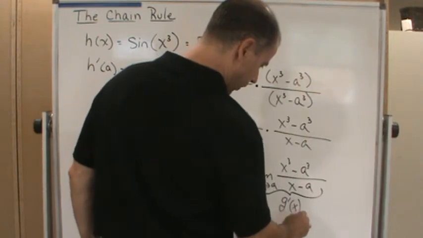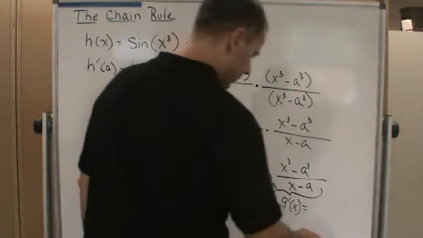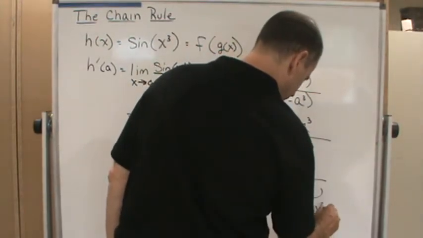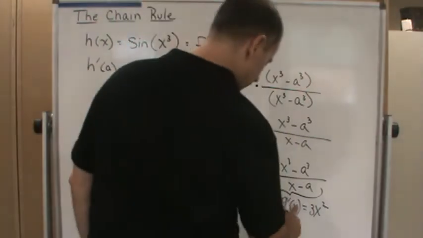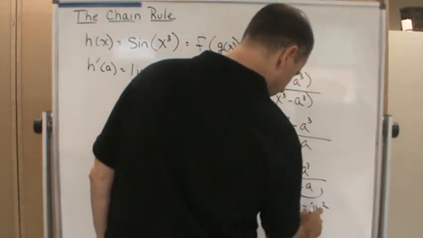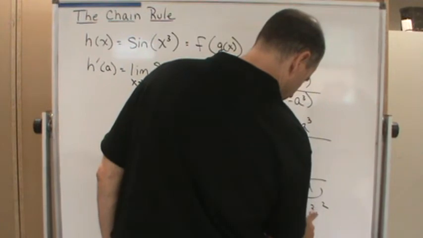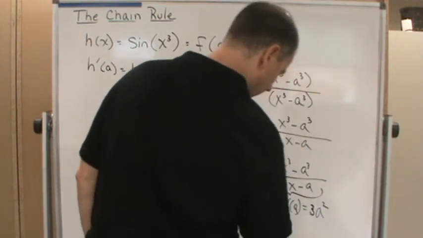We also know what that is by using the power rule: 3x squared. And at a, this would be 3 times a squared.